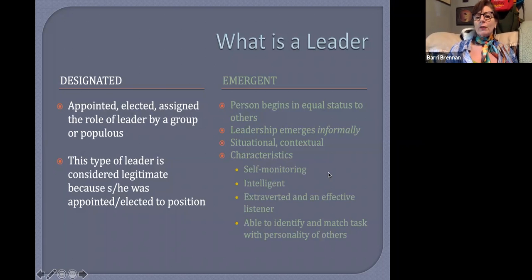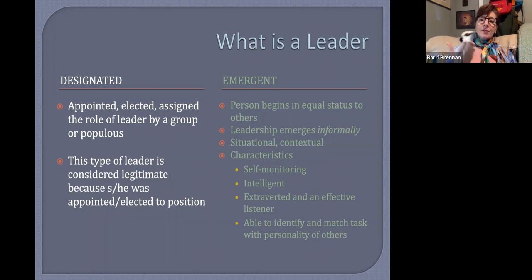Oftentimes we think of a leader as someone who has good what we call self-monitoring skills. Self-monitoring skills means they're good at expressing their emotions and having some balance, right? So they're not a person that's reactive. They probably come across as pretty calm and thoughtful.